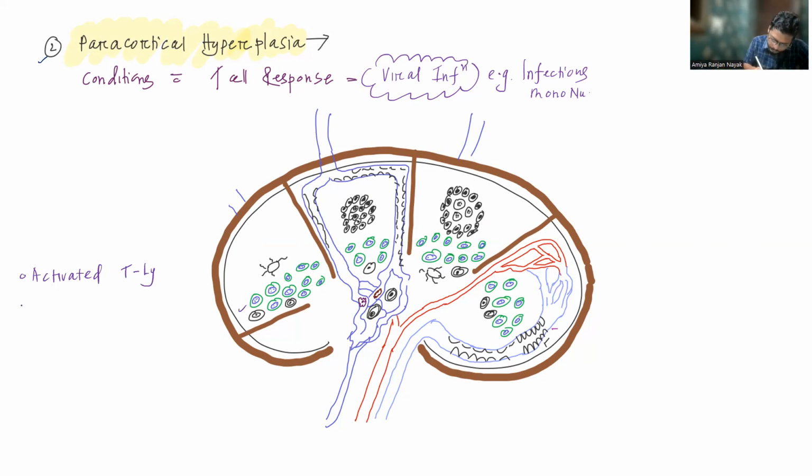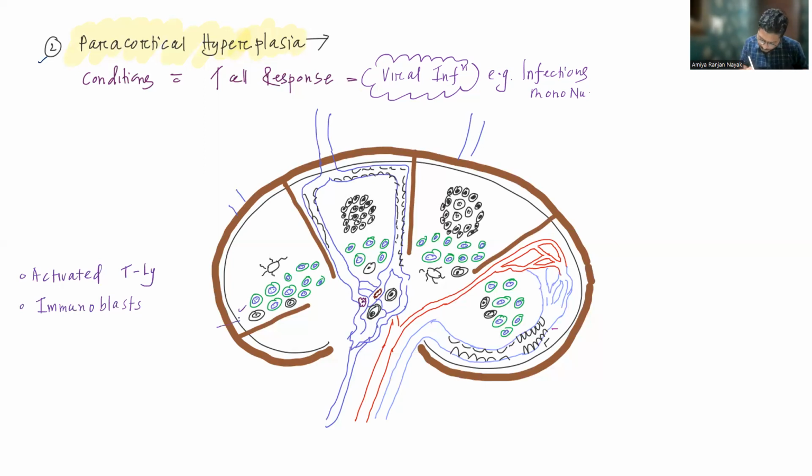Along with that, you are also going to find some immunoblasts. Like we have discussed for activated B lymphocytes, where a form of activated B lymphocyte is the centroblast, similarly a type of activated T lymphocyte is known as an immunoblast. How do you identify the immunoblast?